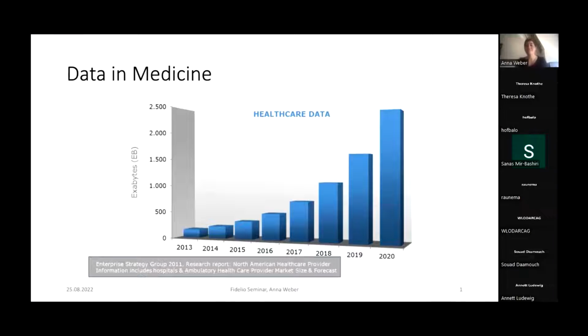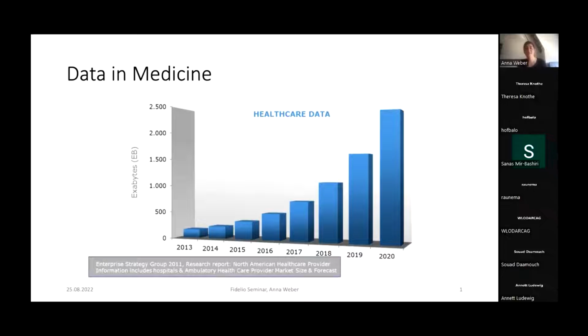Right. I think we all know by now probably that data science is becoming more and more important in medicine, because there's just more and more data being produced. And of course, that means there is a huge potential for gaining additional knowledge, developing new therapies, and so on by using this data.